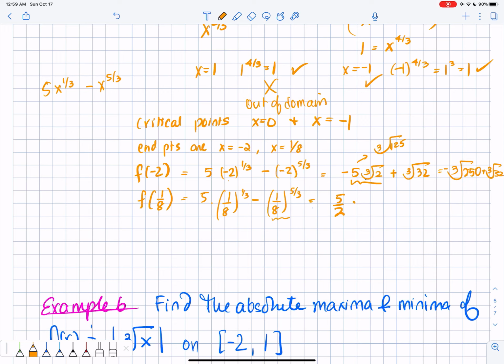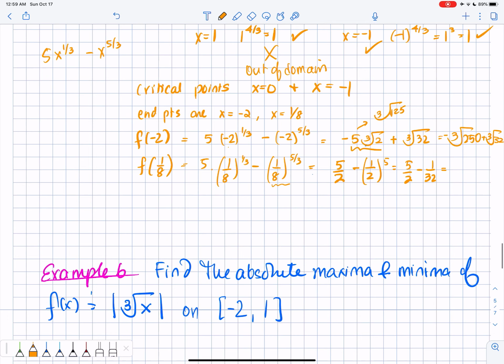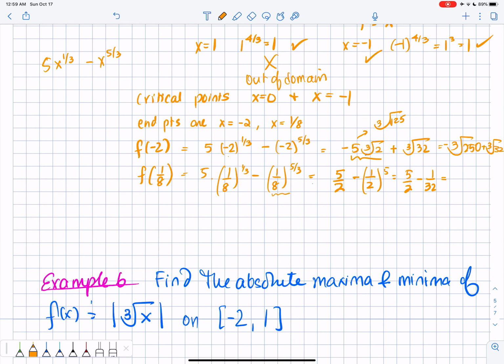First, you can take the cube root and you'll get 1/2 and then raise it to 5. So if you want, you can write it down. Multiply 5 by 16, 80, 79 over 32.